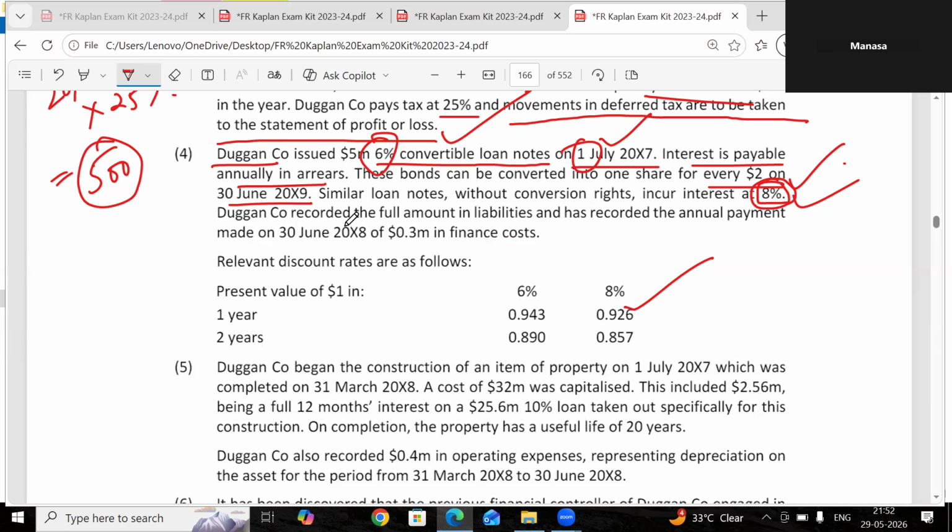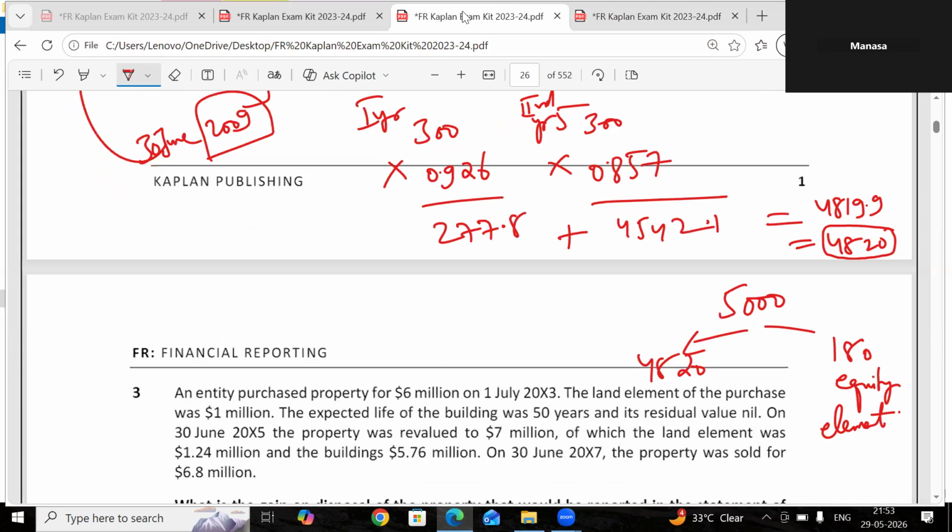Now, the company recorded the full amount in liabilities, fine, 4,820. So we are not even making the balance sheet, and it has recorded the annual payment made on 30th June 2008 of 0.3 million in the finance cost. Actually, now we need to calculate the finance cost. So 4,820 into 8% is my interest.